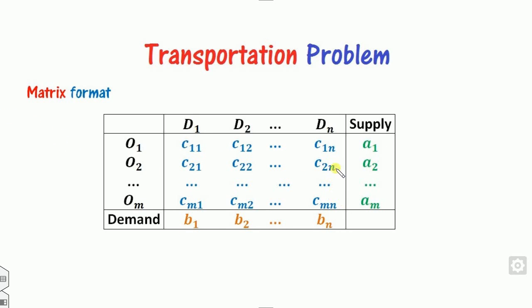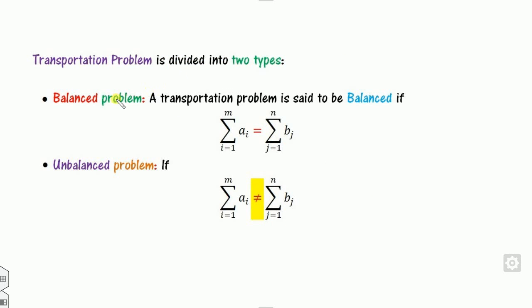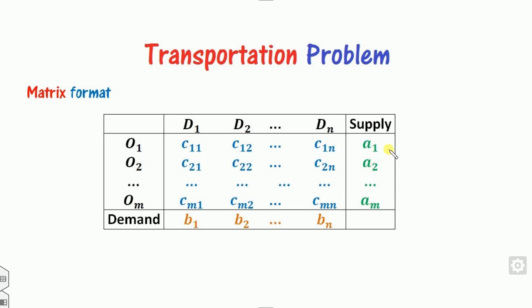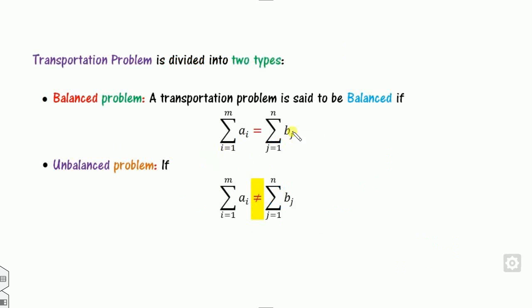Now this transportation problem is said to be balanced or unbalanced depending upon this condition. We will calculate the sum of this and the sum of this. If my total supply and my total demand are equal, then we can say this is a balanced one.